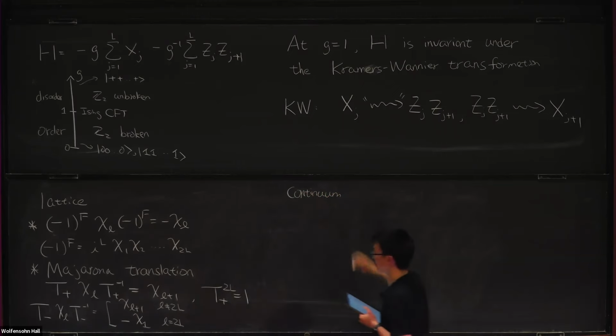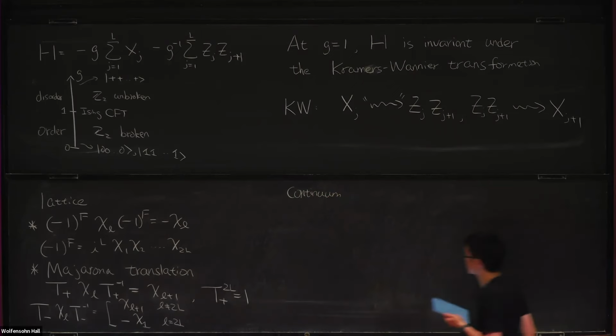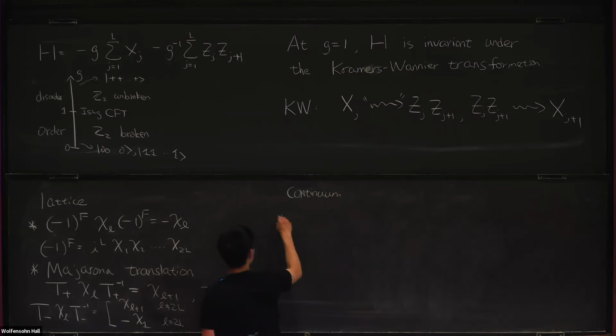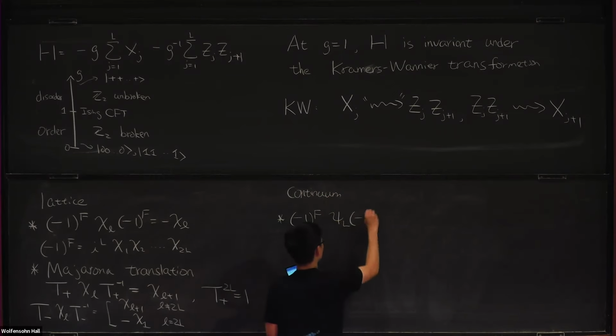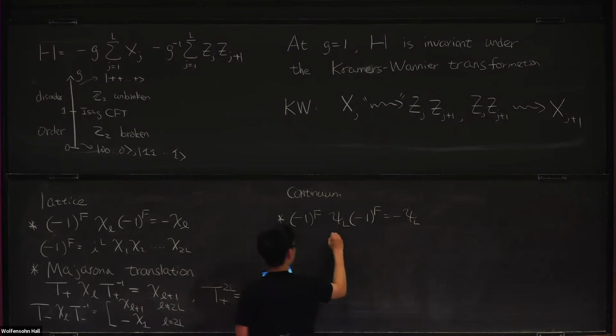In the continuum, however, what are the symmetries we have? We have one left-moving Majorana fermion and one right-moving Majorana fermion. So obviously, we still have the (-1)^F symmetry, which flips the sign of both fermion fields.